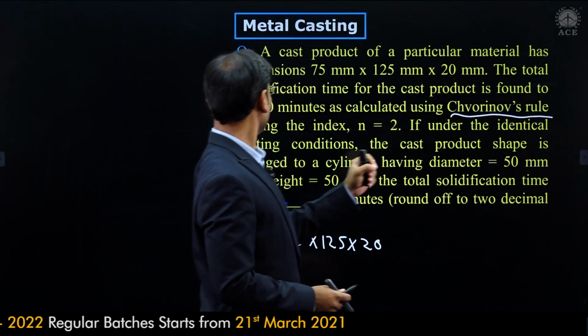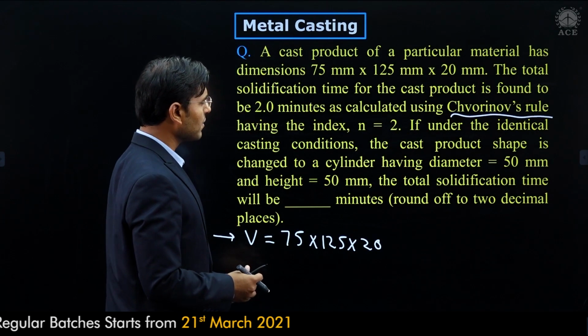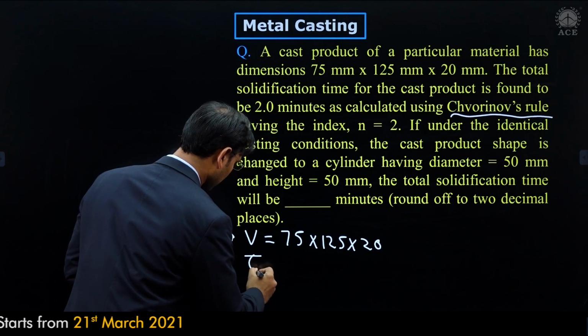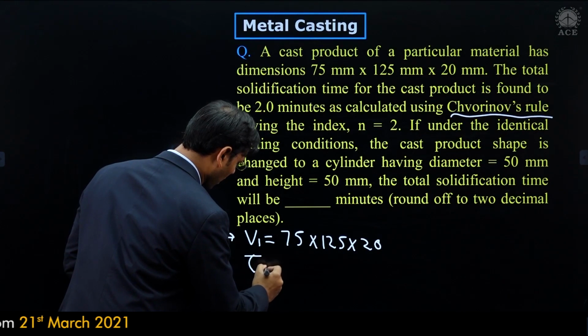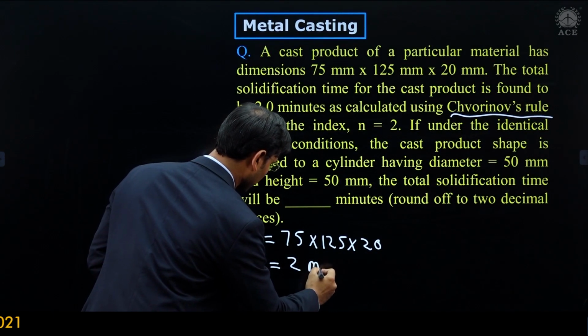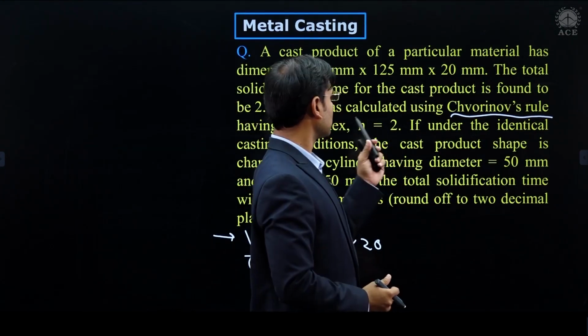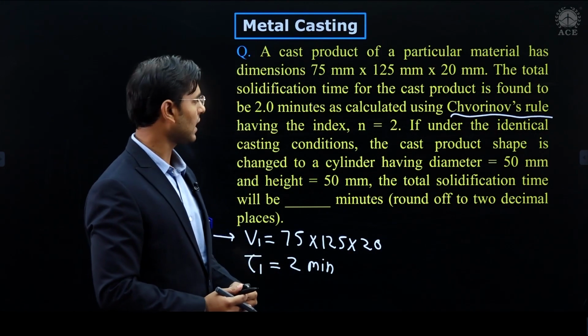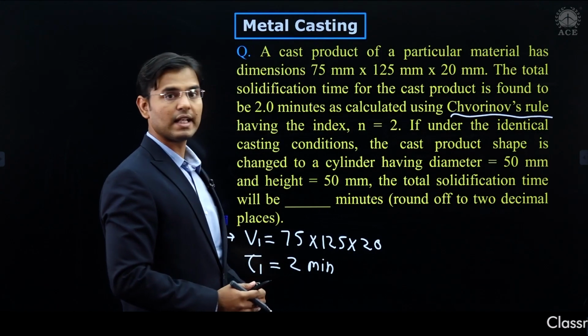The total solidification time for the cast product is found to be 2 minutes. That is calculated using Chvorinov's rule, having the index n equal to 2.